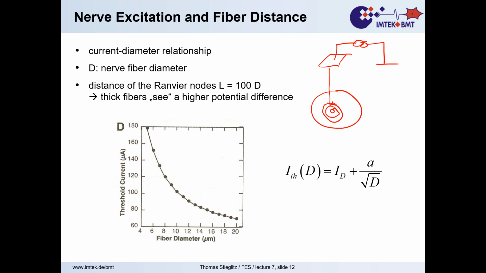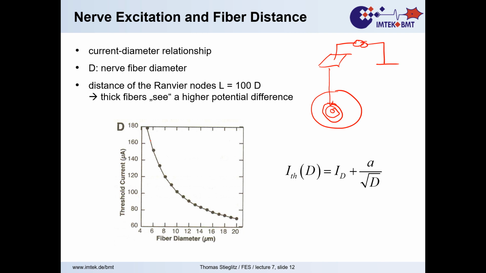And that shows you here, the smaller the fiber, the higher the threshold, the thicker the fiber, the lower the threshold. And if you would now overlay this graph with the graph from the previous slide, then it comes very clear that it's a nightmare to elicit thin fibers at a larger distance.